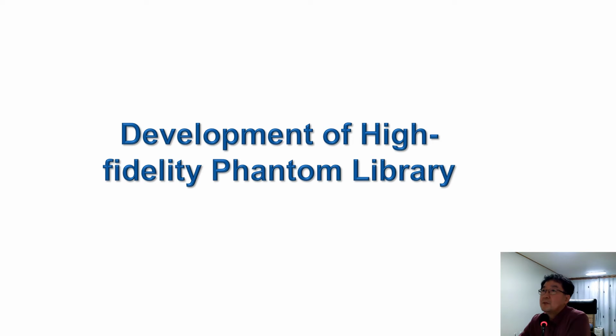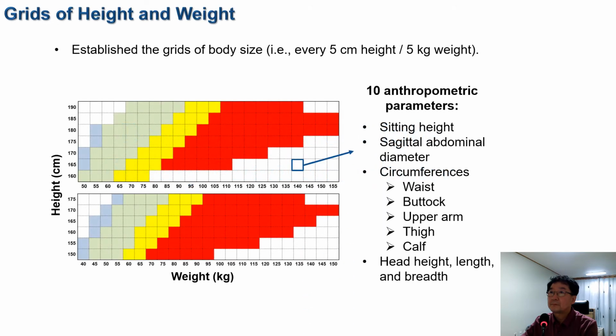The next topic is development of high-fidelity phantom library. Here I will explain how we developed a phantom library using the mesh type reference computational phantoms. For this, first we established a grid of body size, that is every 5 centimeters in height and every 5 kilograms in weight, to include most population.